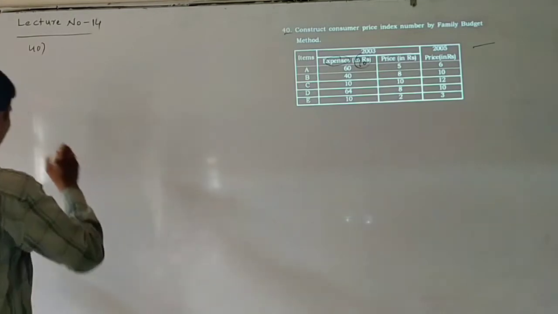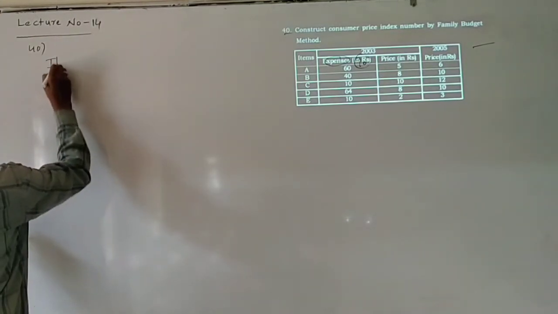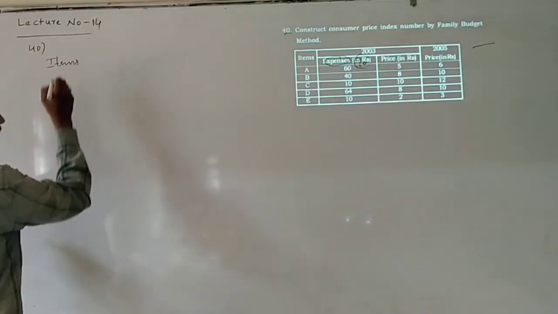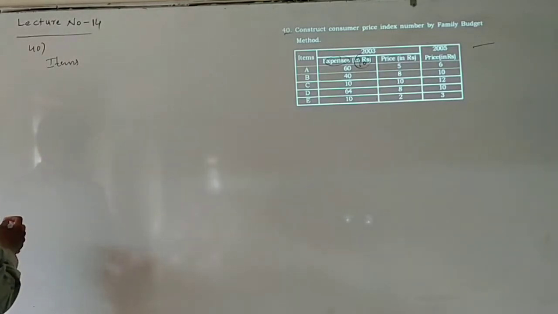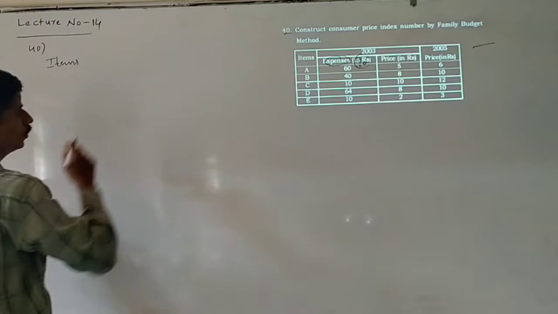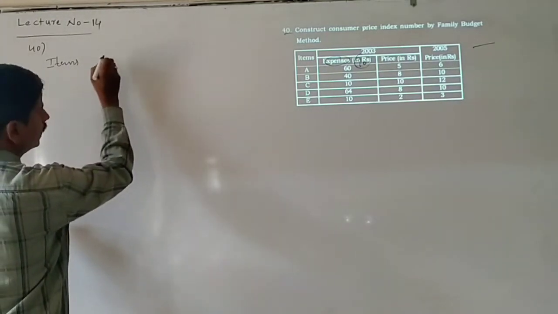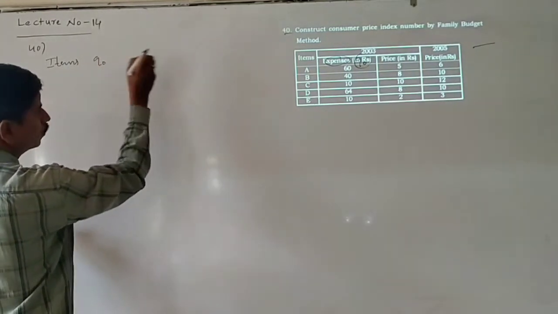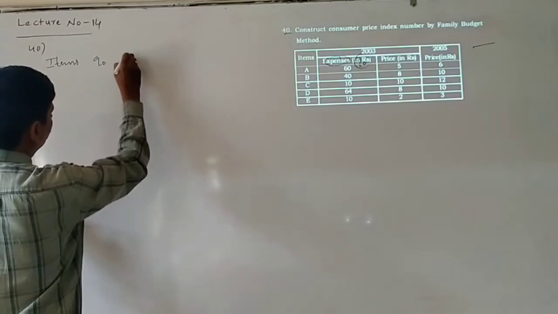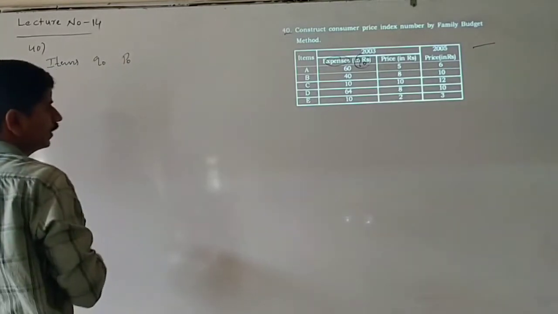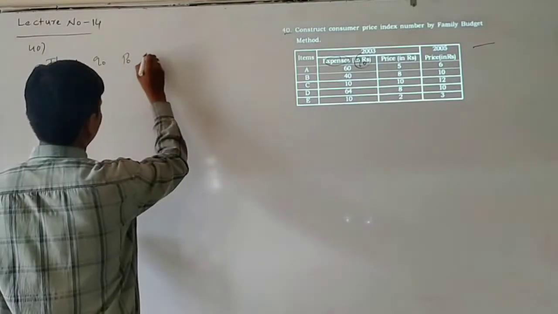Here first I write the items, then 2003, that is Q naught, and 2003 price P naught. The next, 2005 price P1.